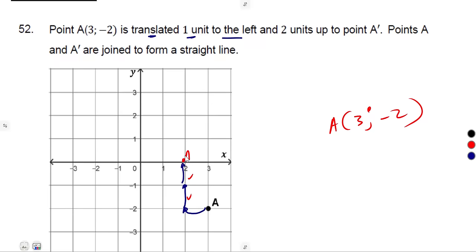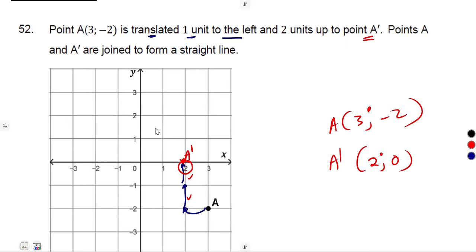So this is where we have got its image point, A bar, the image of A at this point at 2 on the x-axis. That's the x-intercept. So it's 2, 0. That's our image. I am just analyzing, guys. The A there moved 1 unit to the left, then 2 units up, so it ended up here.